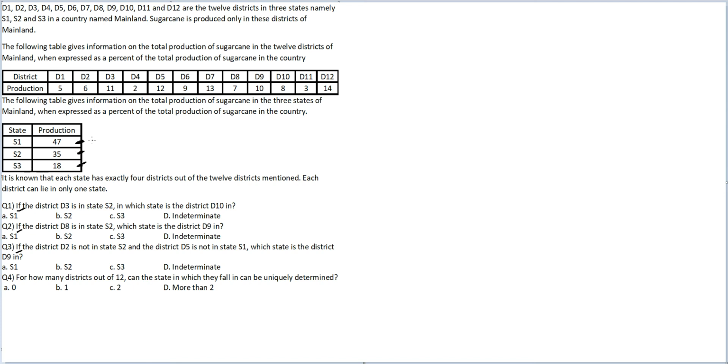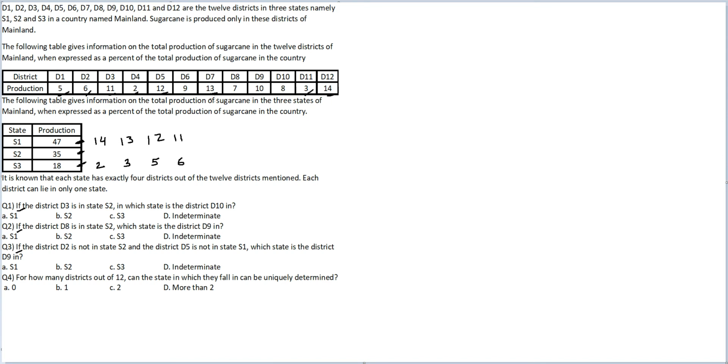The 4 largest numbers are 14, 13, 12 and 11. Let me just write them next to it. 14, 13, 12 and 11, and the smallest numbers are 2, 3, 5 and 6.